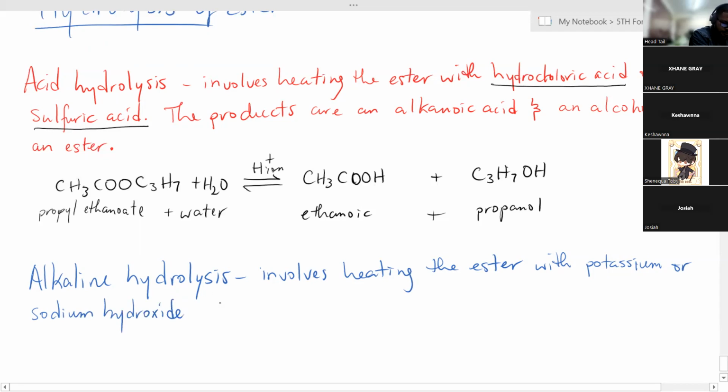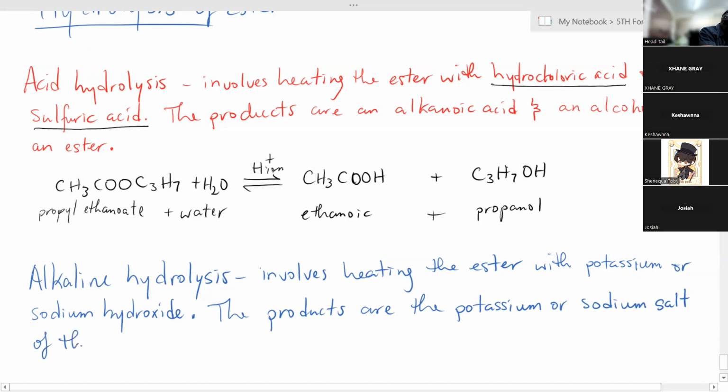Okay. The products are the potassium or sodium salt of the alkanoic acid.